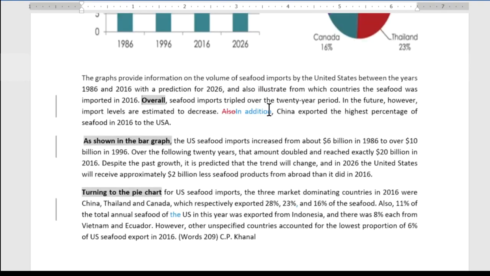I changed this here. "In addition" is a more major linking phrase than "also", which is sort of a minor linking phrase. "In addition" is much stronger. I'd use "also" if there's still information about the same chart.